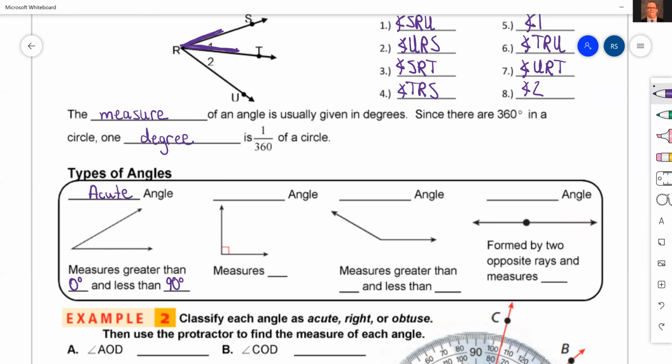Now, if it's exactly 90, that's a right angle. Right angles are exactly 90 degrees. And then we have, now we're getting bigger than 90. We're going to have an obtuse angle. So it's going to be greater than 90 degrees, but less than 180. We have a special name for one that's 180 degrees.